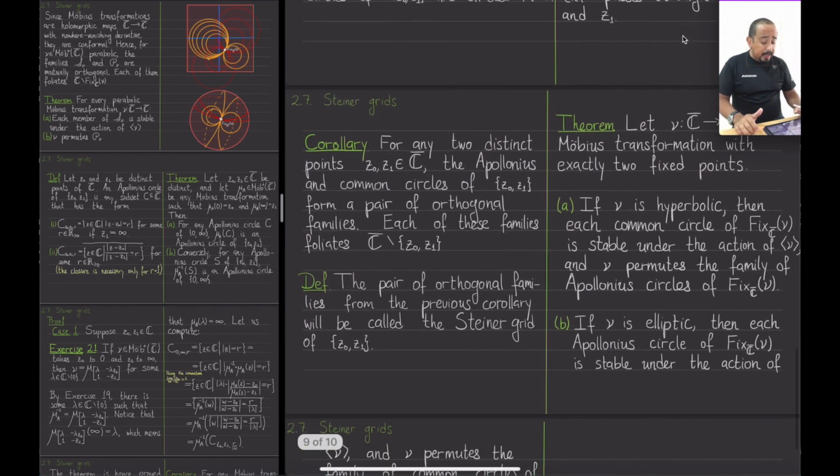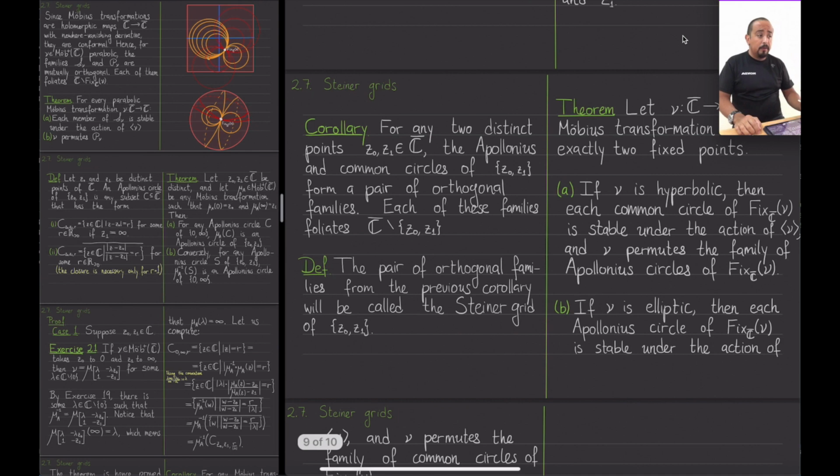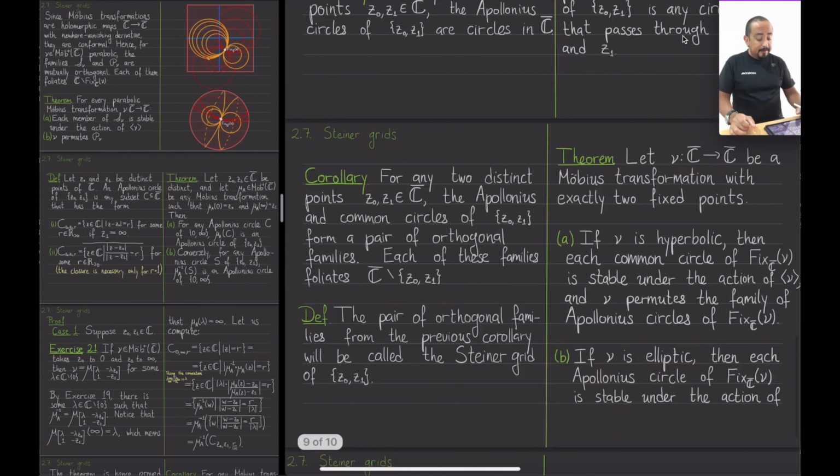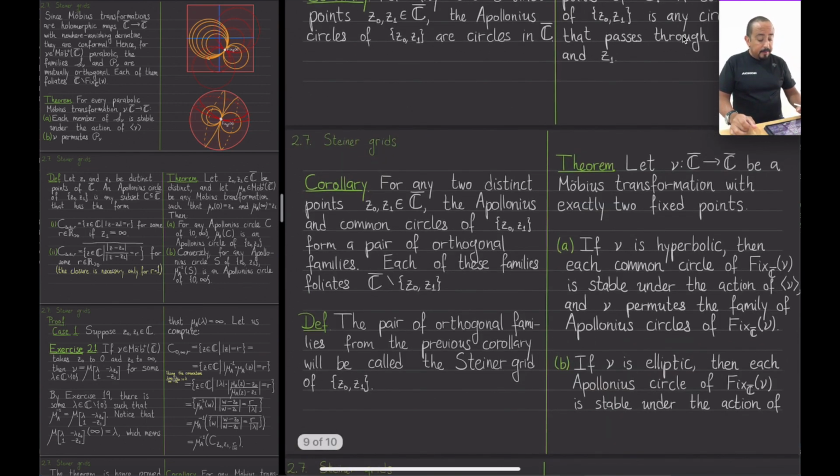Okay, so again, since Möbius transformations are holomorphic with nowhere-vanishing derivative, they are conformal everywhere. Hence, the family of Apollonius circles of the pair of points is orthogonal to the family of common circles.